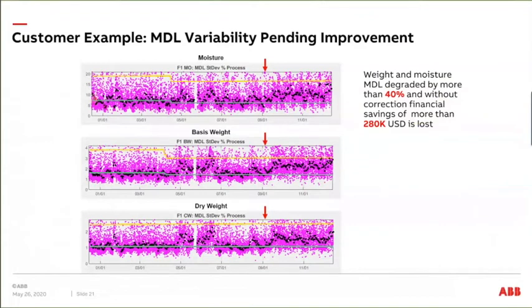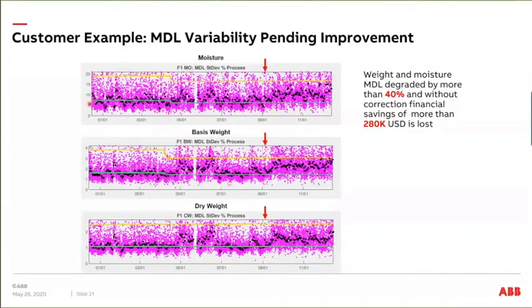Each purple or magenta value is actually a reel of paper, so this is like a year's worth of data. Over a year, all the MDL values for moisture, basis weight, and dry weight are plotted. Here we can show that there's an elevated MDL that occurred around the September timeframe.